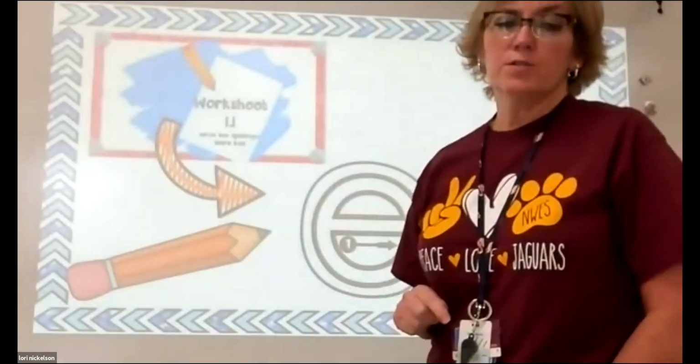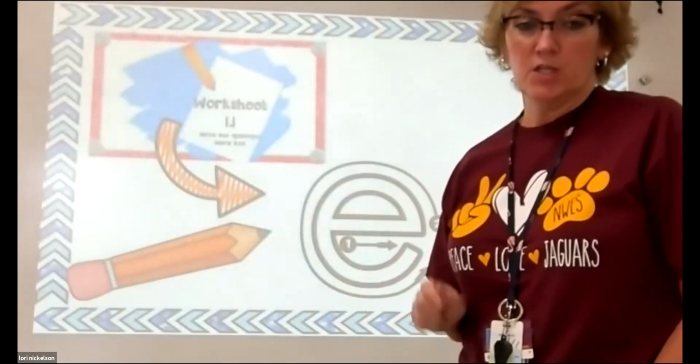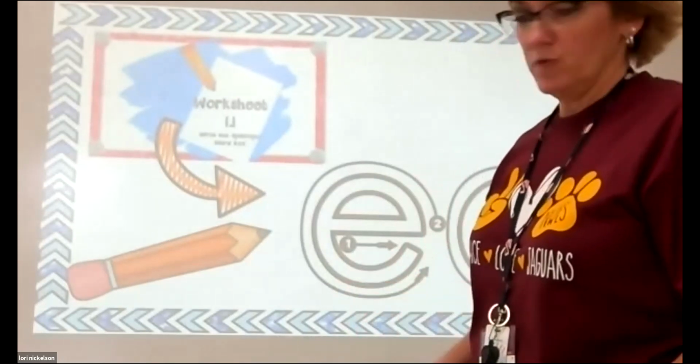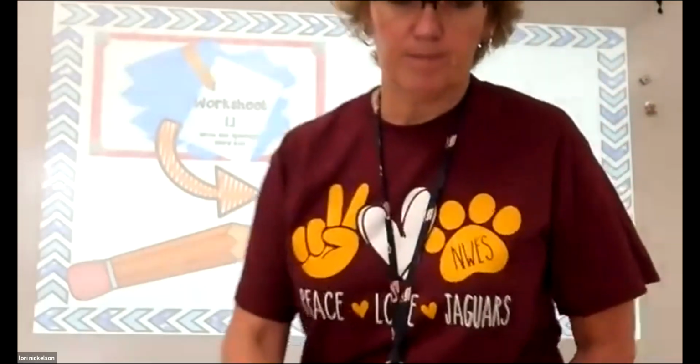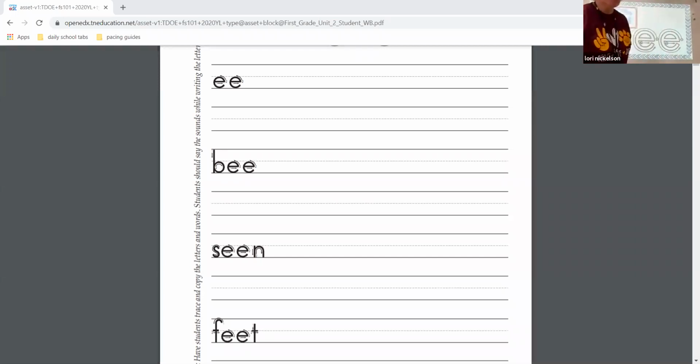Okay, so what we're going to do is I am going to share my screen and show you the worksheet that you're going to be doing with the double E. So let me share my screen here, friends. Okay, so this is the sheet that you will be working on. It's lesson 1.1, okay?